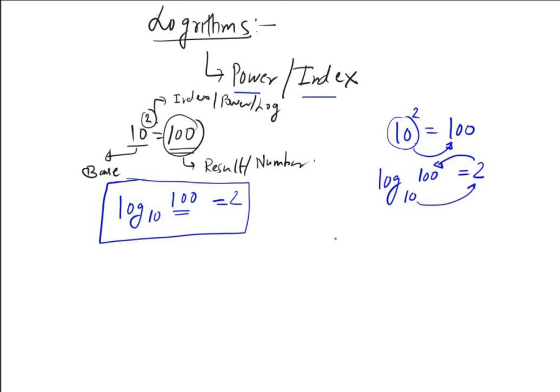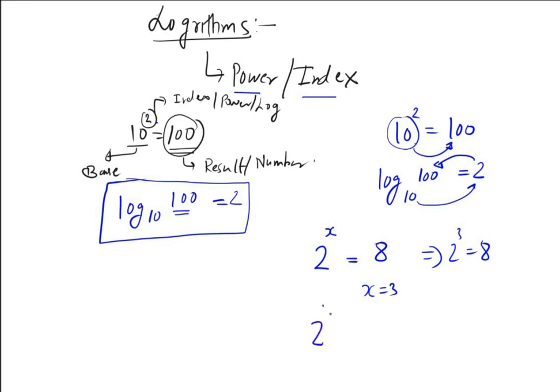Now, you can question, what is the need of it? Let's say I ask you, 2 raised to the power x is 8. What is x? 3. x is 3. Because 2 raised to the power of 3 is 8.